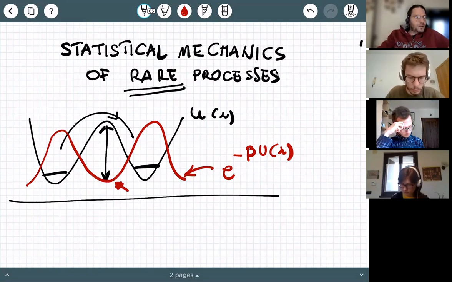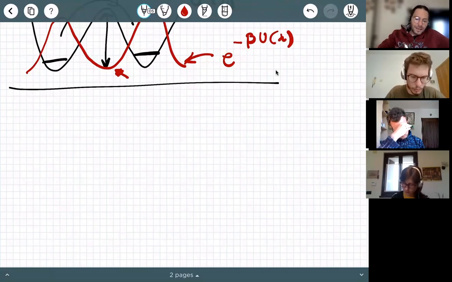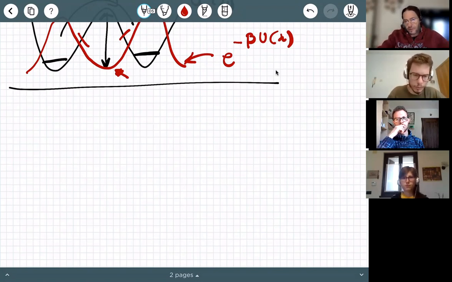So from this discussion, it is clear that we need a theory that is specific for rare events, such that it somehow singles out only transition pathways and analyzes their properties. And we want to do that in the most rigorous way, at the same level of theoretical rigor we have for the Boltzmann theory of equilibrium ensembles.